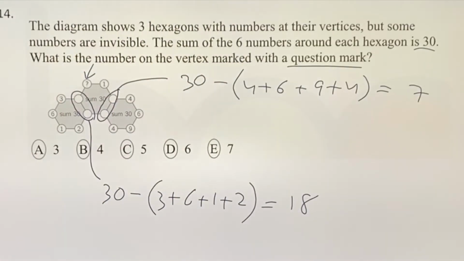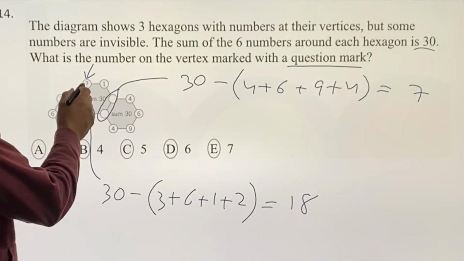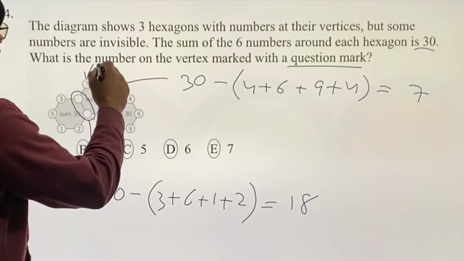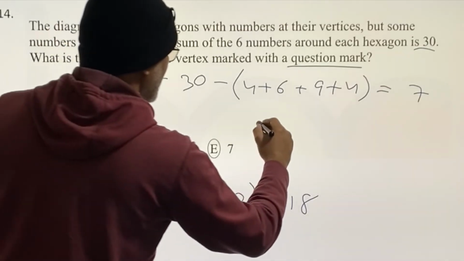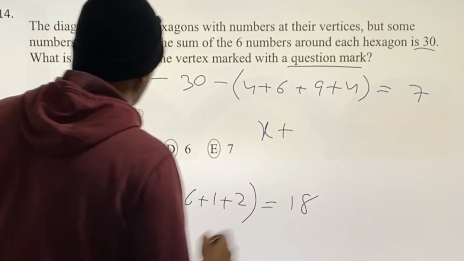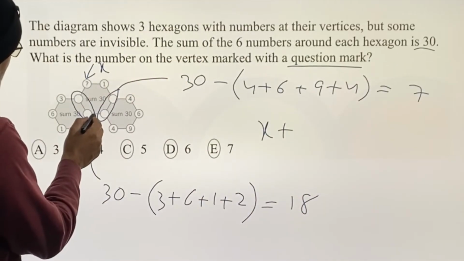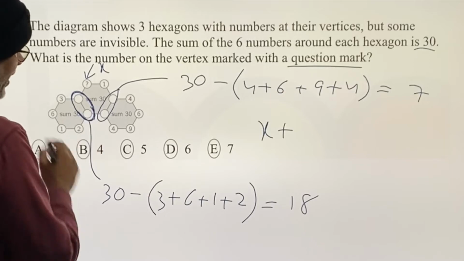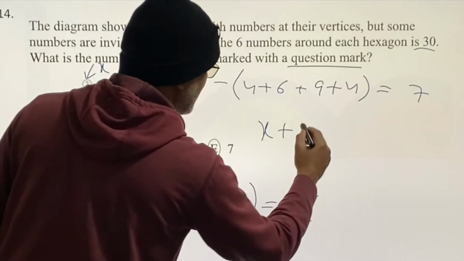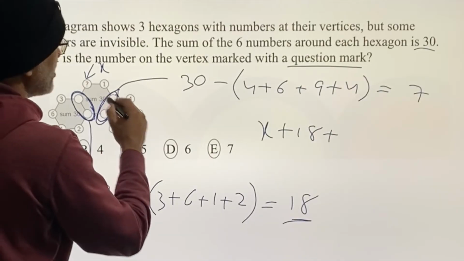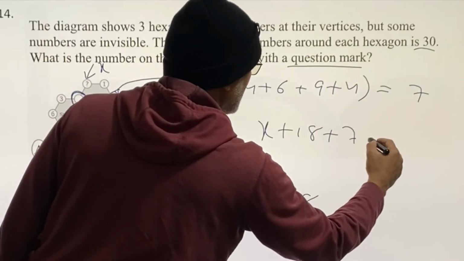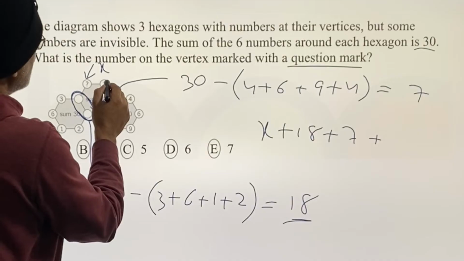Now we don't know this question mark, so let me call it x. Then x plus these two numbers, which is 18, plus these two numbers, which is 7, plus this is 1.